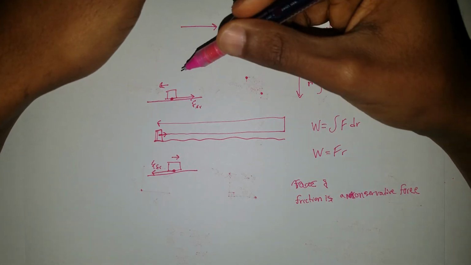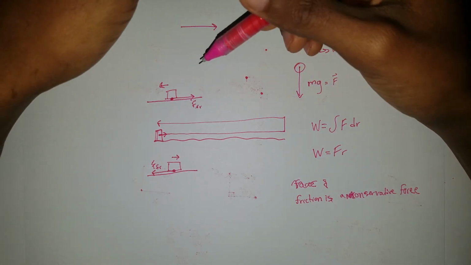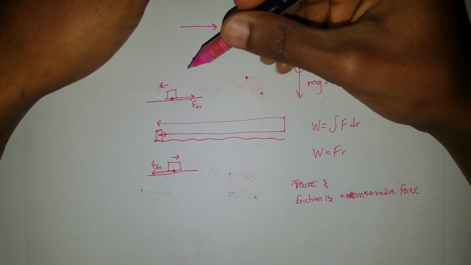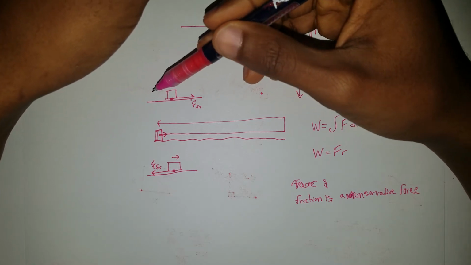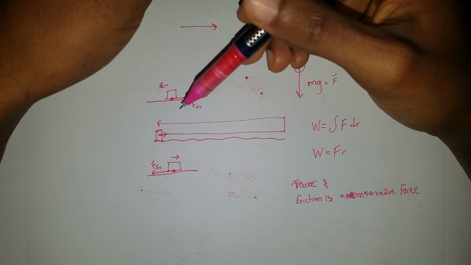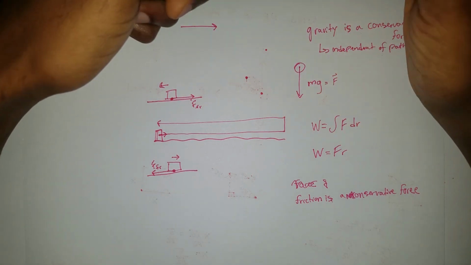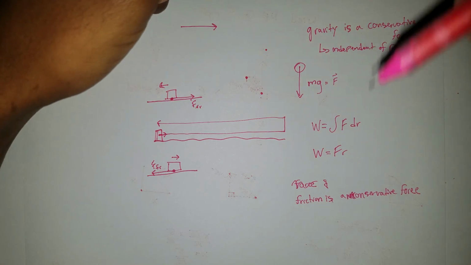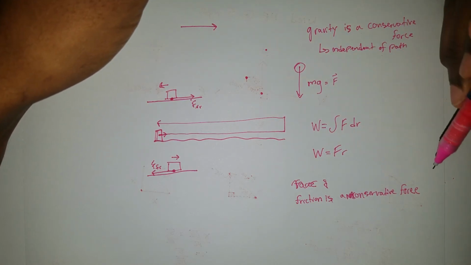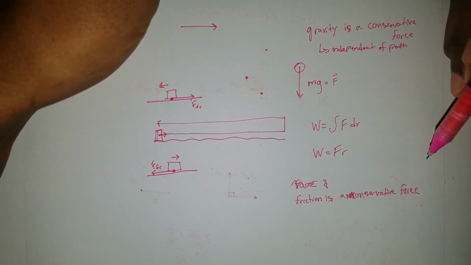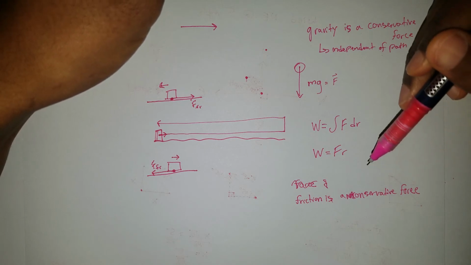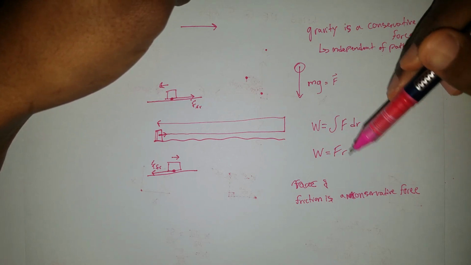So as you can see, we'll have a net amount of work done, and this work will increase as I go farther on this path, even if I return back to the same position. So friction is a non-conservative force, meaning that the work done on the object does depend on the path.